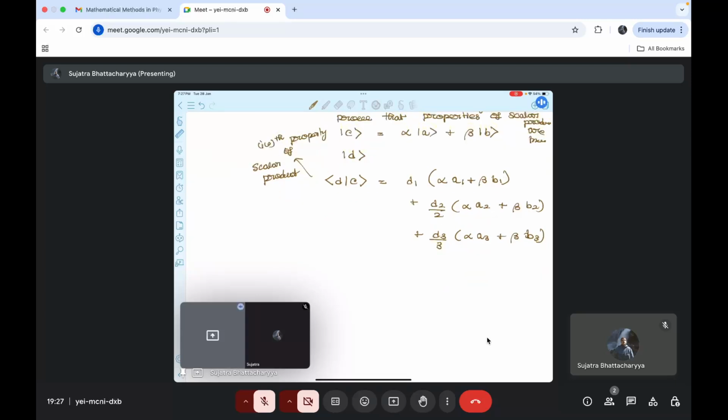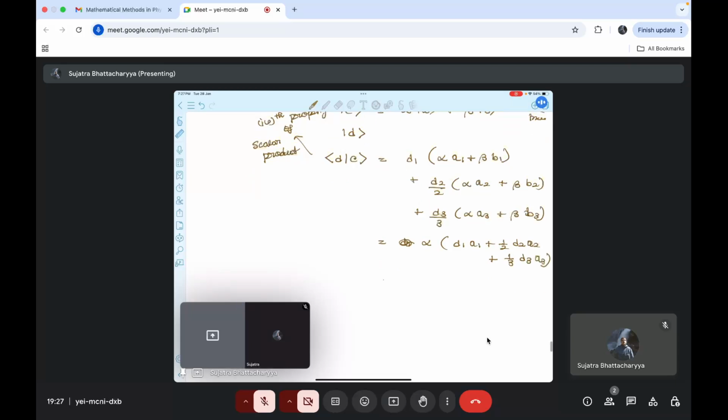All right. So what you can write is D1, or you can take alpha common: D1 A1 plus half D2 A2 plus one third D3 A3. Similarly, plus beta times D1 B1 plus half D2 B2 plus one third D3 B3.